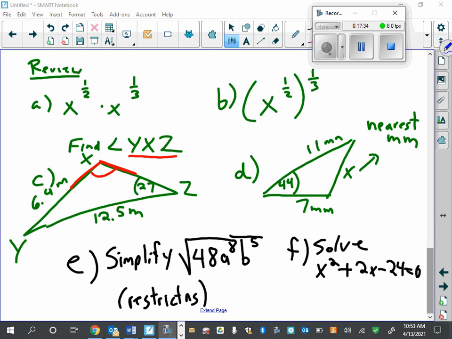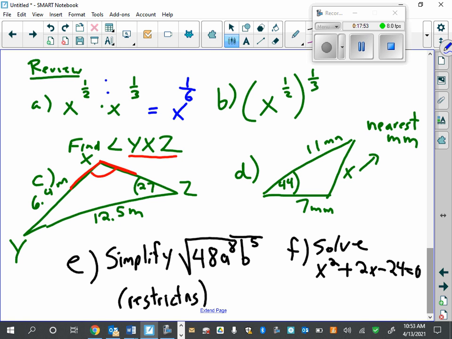So can everyone look at your review questions? This one, first of all, you multiply exponents. So when you multiply exponents, it's top times top, bottom times bottom. 1/6, and if you can reduce, so if it was 2/6, you would reduce it to 1/3. You could rewrite this as the 6th root of x.